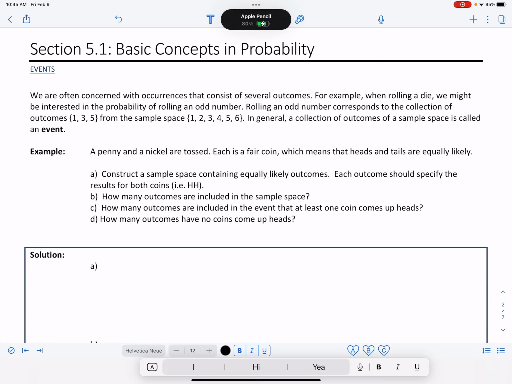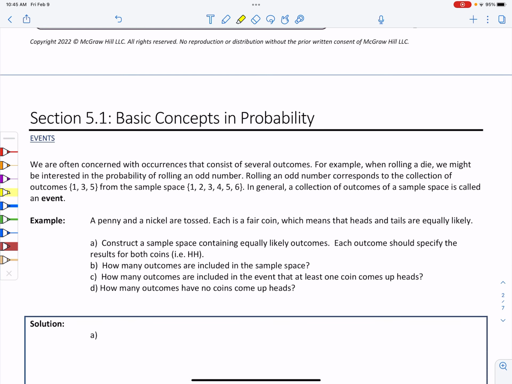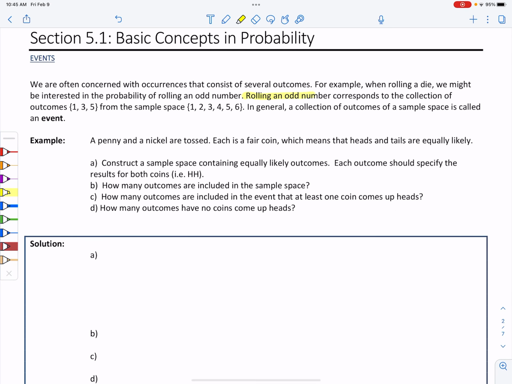That would include some of the outcomes, right? Rolling an odd number would include the 1, the 3, and the 5. And that collection of outcomes, 1, 3, and 5, odd numbers, would be considered an event because it's some of the outcomes in the sample space.